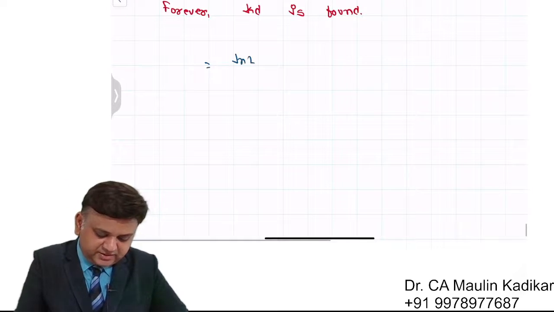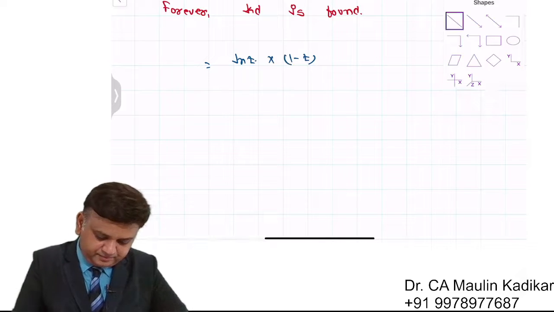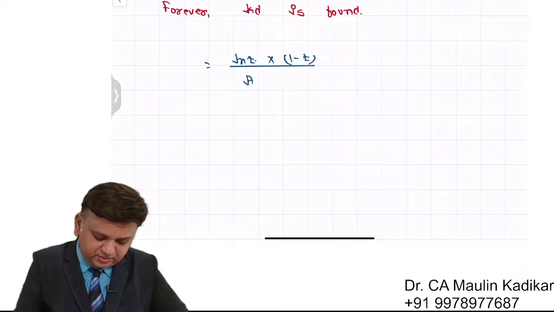So the answer is interest into 1 minus T divided by amount.